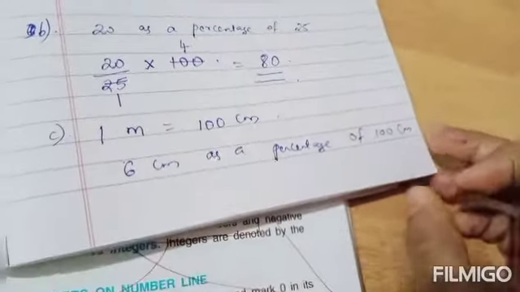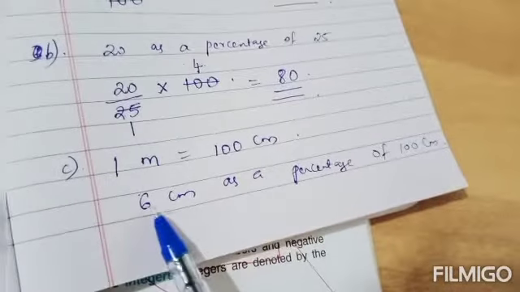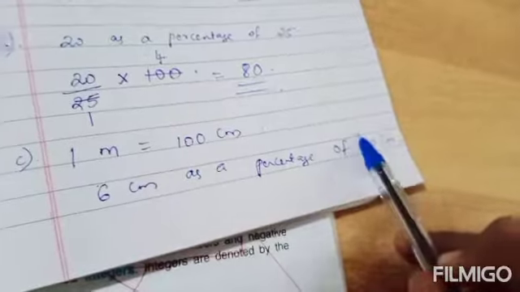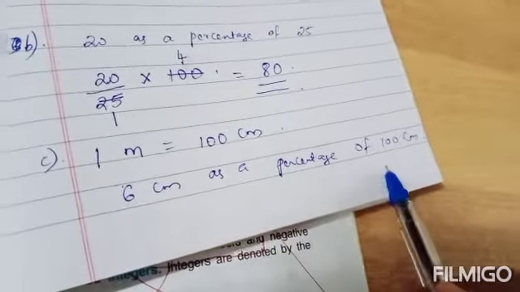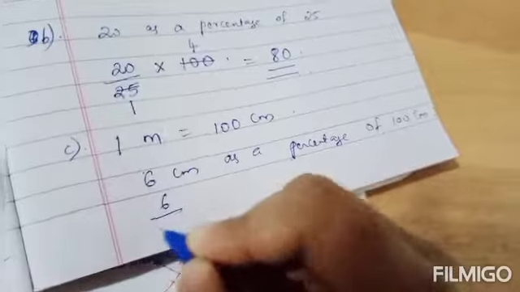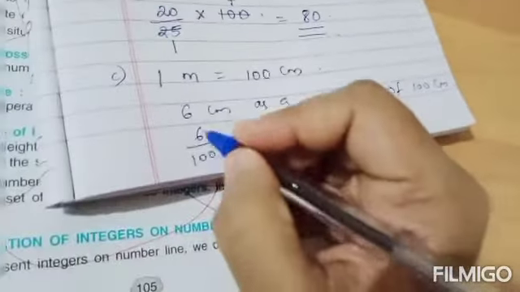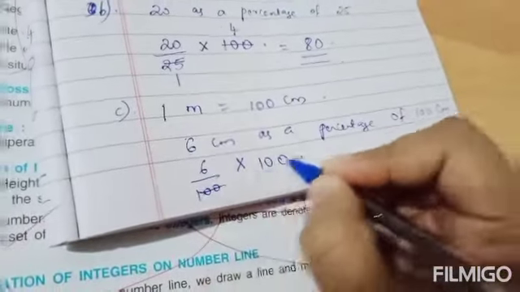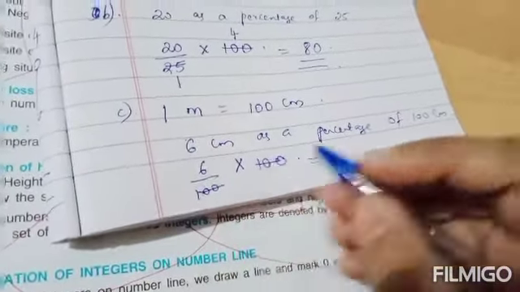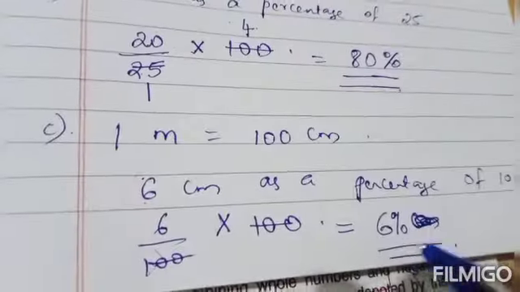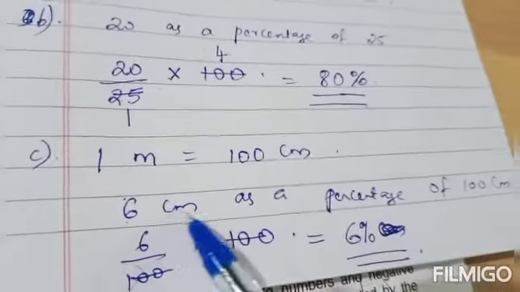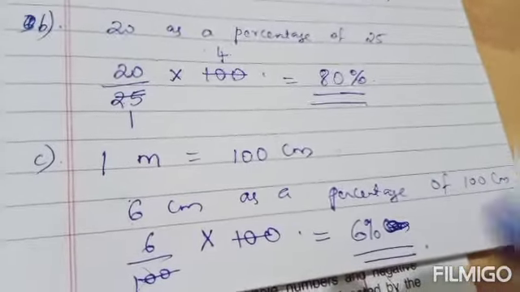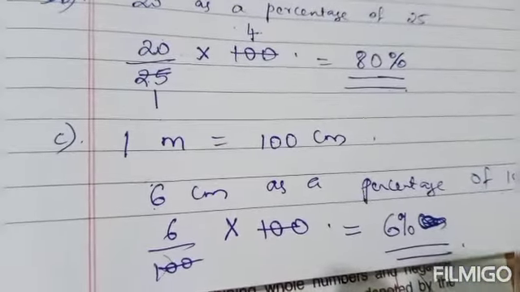How? Divide the lesser quantity by the greater quantity. That is 6 by 100. Now multiply this fraction by 100. Now 100 you can cancel. So the answer is 6 percentage. 6 centimeter as a percentage of 100 centimeter or 1 meter is 6 percentage.